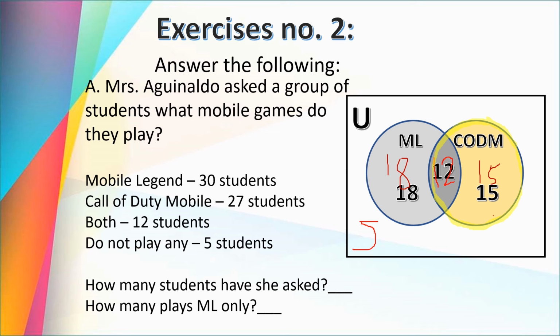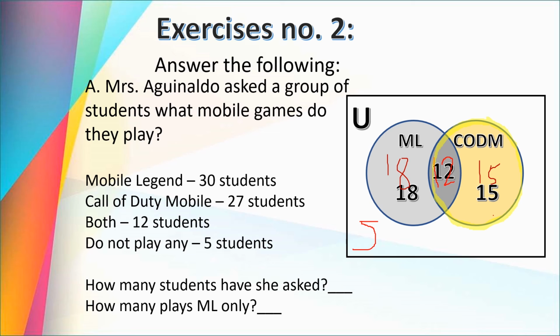So, let's answer the problem. So, first one, how many students have she asked? So, paano natin makukuha yung total number of students? Tulad kanina. So, i-add lang natin yung given data natin.